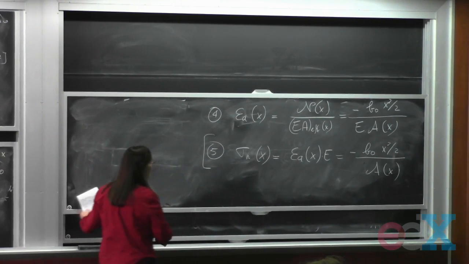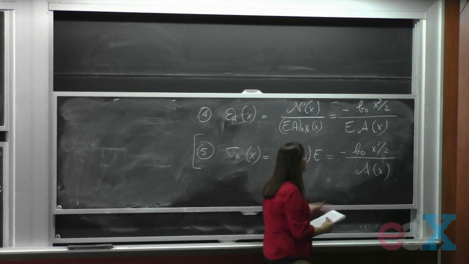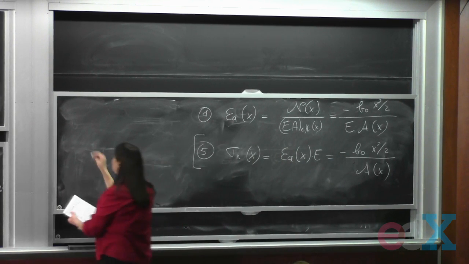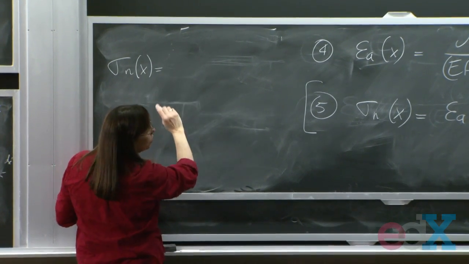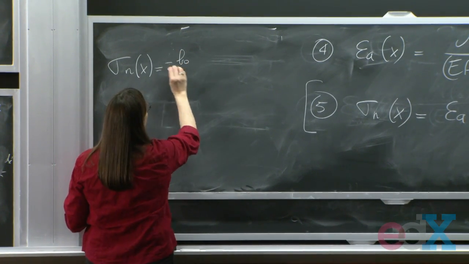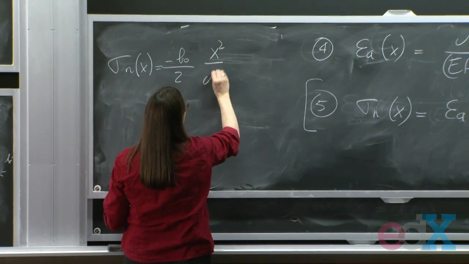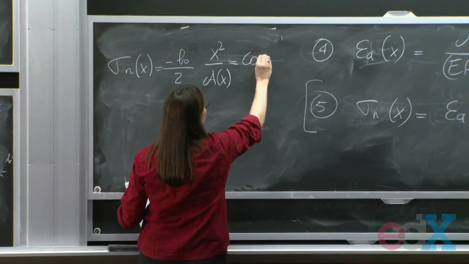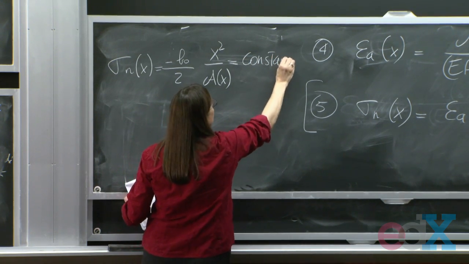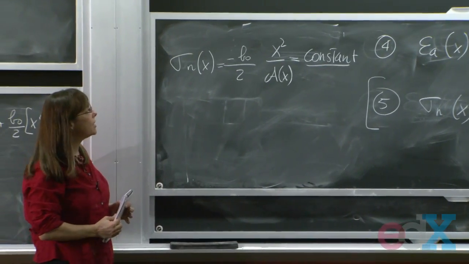So my sigma n of x is equal to minus B0 over 2 x squared over A of x. And I want this to be constant. Right? So what does that tell you?